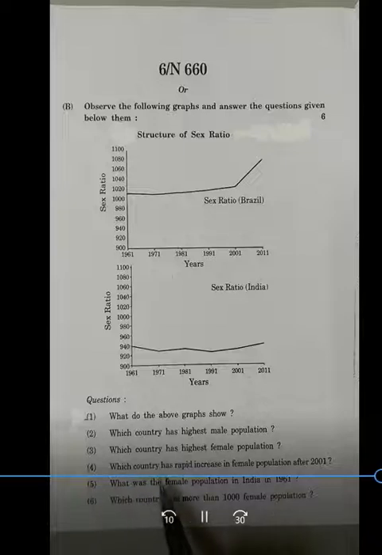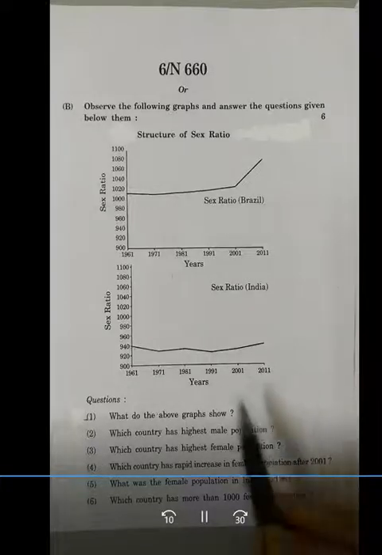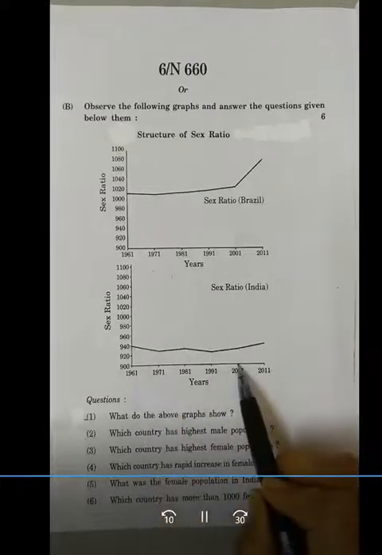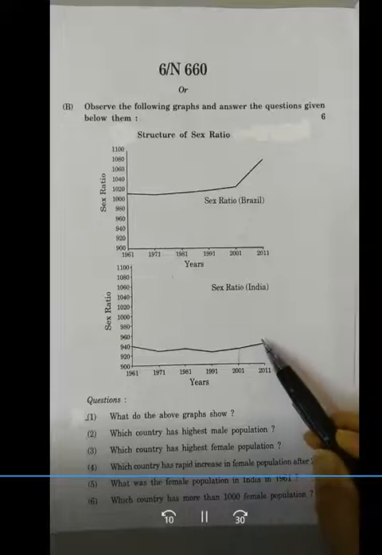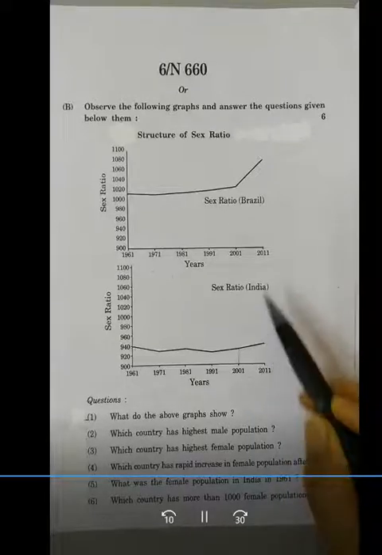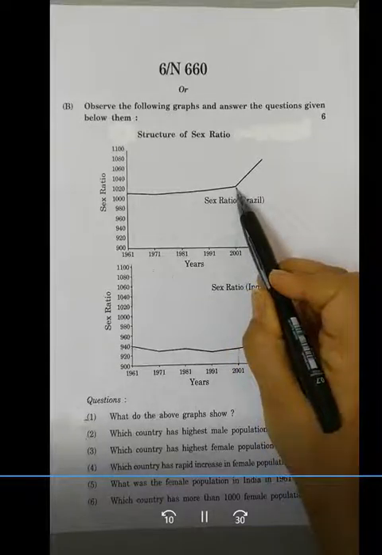Going to question number 4. Which country has rapid increase in female population after 2001? Let us come and see here. This is 2001. Yes, there is an increase. Can you see this increase? In 2001. But come here. Let us go to Brazil.